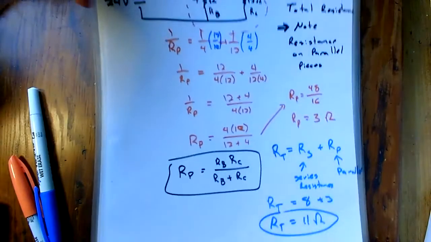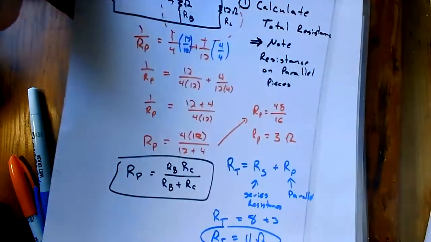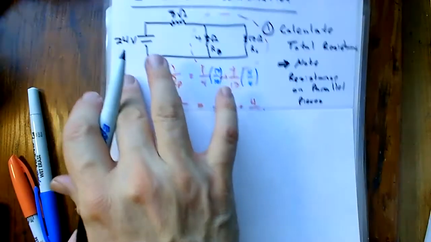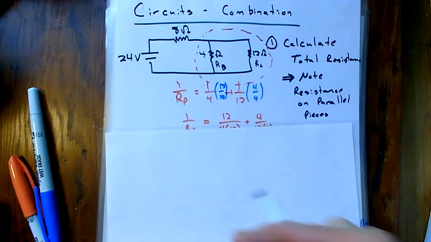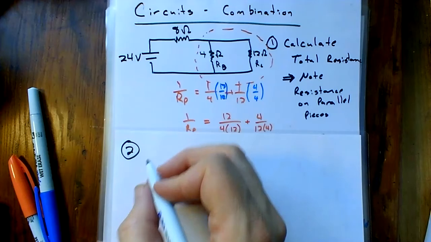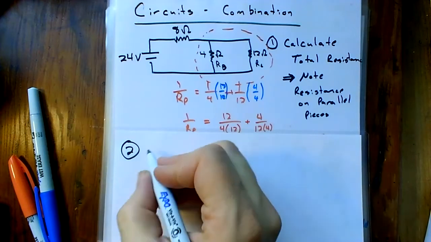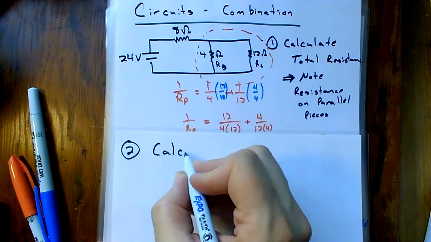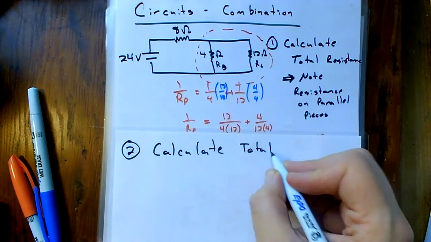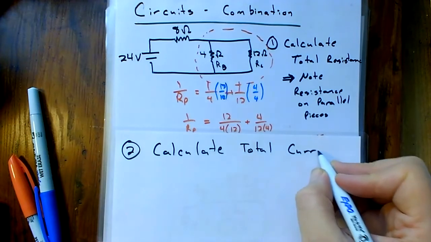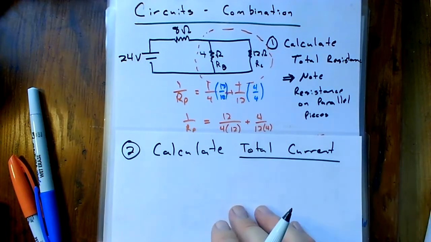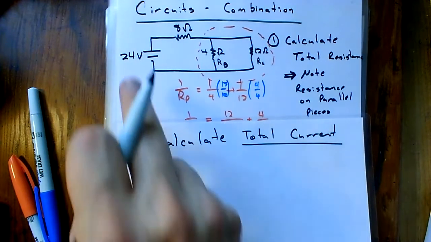Now that we've calculated our total resistance, step 2 is to calculate our total current. So our total current is just going to be our voltage.